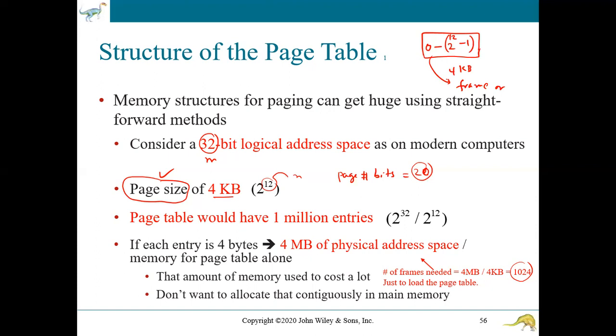When you add the page number, it becomes a complete logical address. You have taken a few bits and divided them into 2 parts: one is the page number, another is the offset. This one is always 0 to something, and this one is also 0 to something. 0 to something is the number of pages, and the offset is the number of bytes within the page.